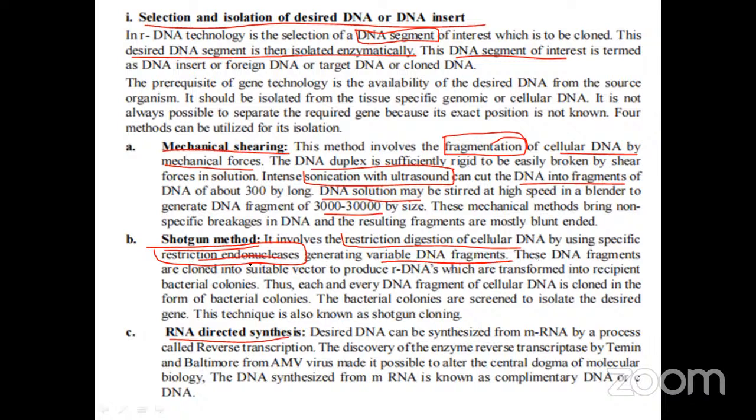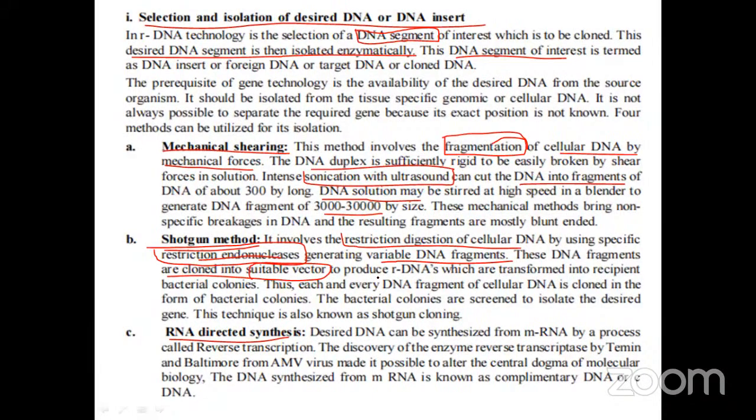These DNA fragments are cloned into a suitable vector. That is the next step. So in every method, whether it is the mechanical method, shotgun method, or RNA directed method, after we get the different types of DNA fragments, they are inserted into the suitable vector.